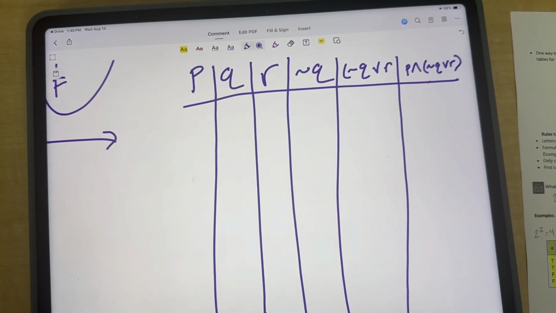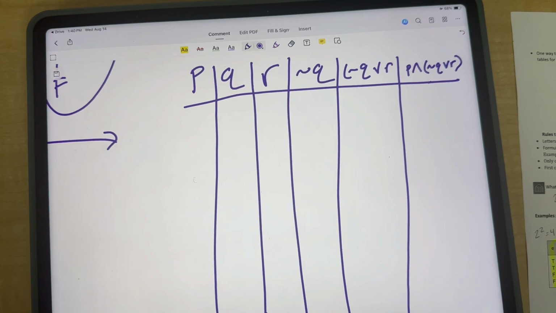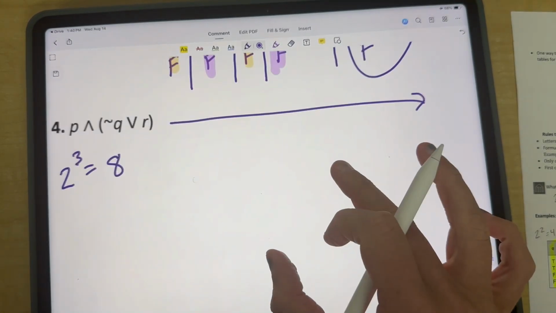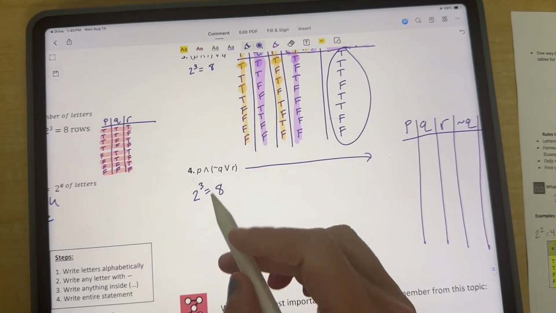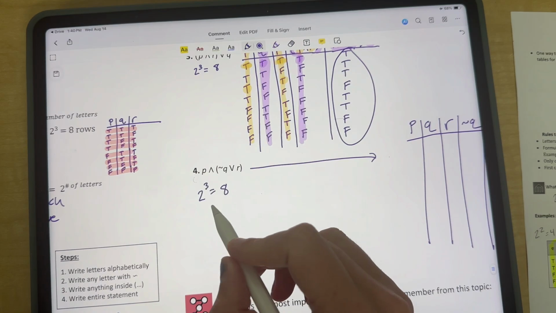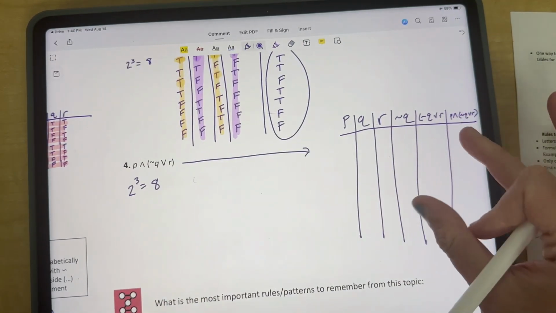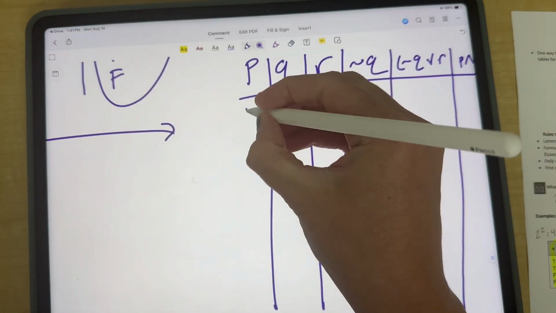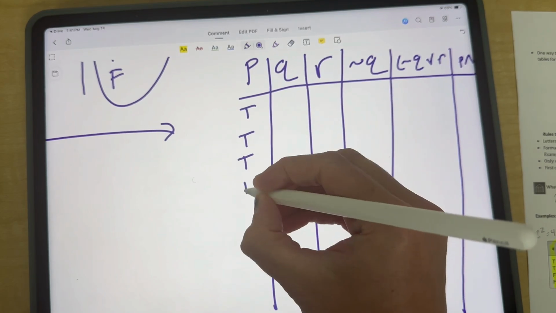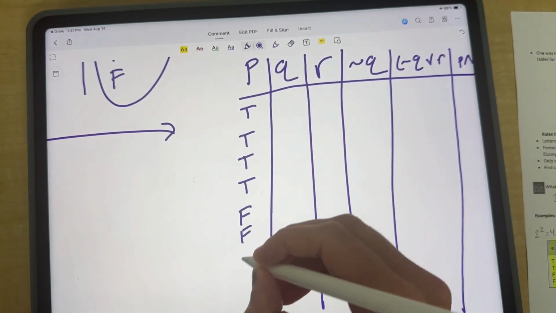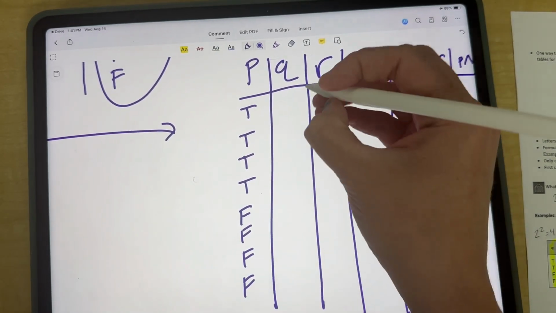Okay, this time you need 3 highlighters. 3. Okay, so how many rows did you need? Again, it's right here. We need at least 8 rows. Okay? If you need 8 rows, the top 4 are T, the bottom ones are F. Okay?